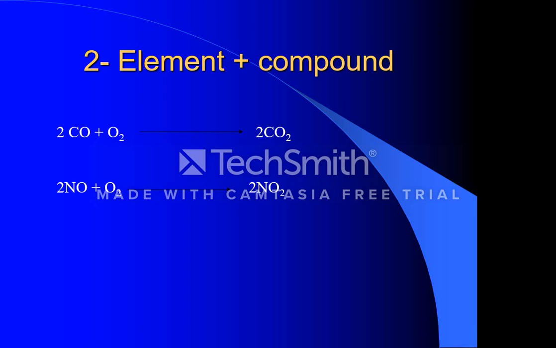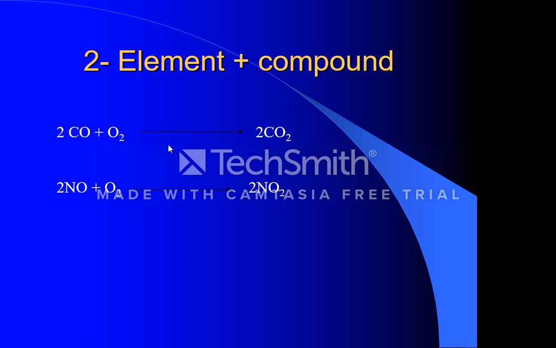So we have a compound plus element, and this gives us 2 carbon dioxide molecules. In the same way, if I have nitrogen monoxide plus oxygen, it yields 2 nitrogen dioxides. Compound plus element and compound plus element. This is the second type.